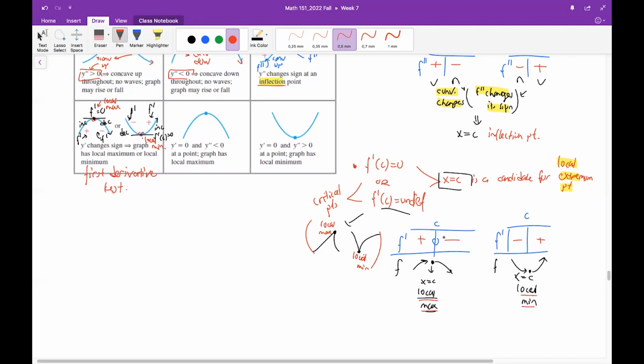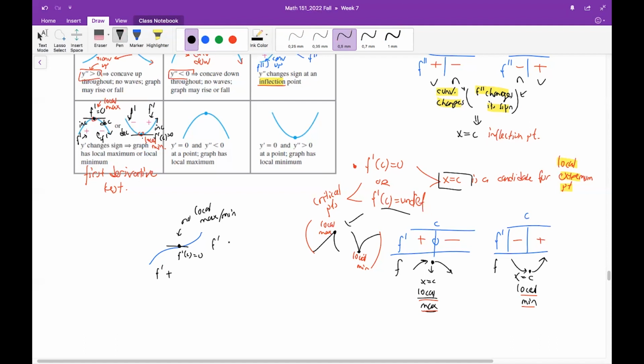If the first derivative doesn't change its sign, this may also happen. Even if the first derivative is 0 there, your function doesn't have a local max or local minimum point at c. For example, it may happen like this. Here you have a horizontal tangent, f prime of c is 0, but there is no local max or minimum point here, because your function is still increasing.